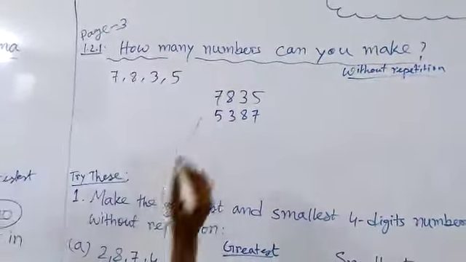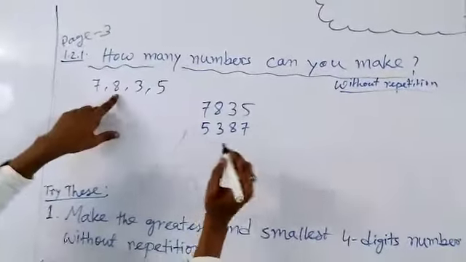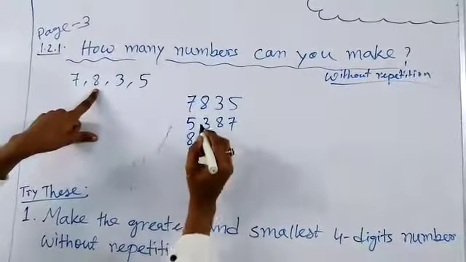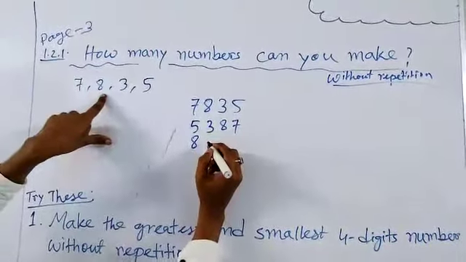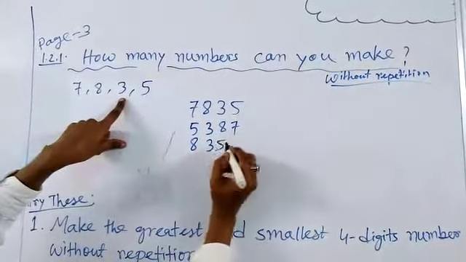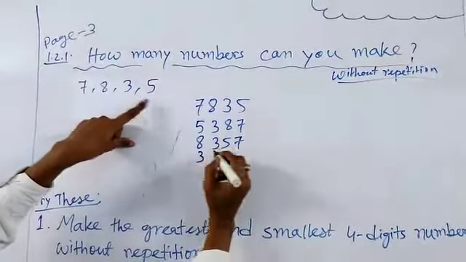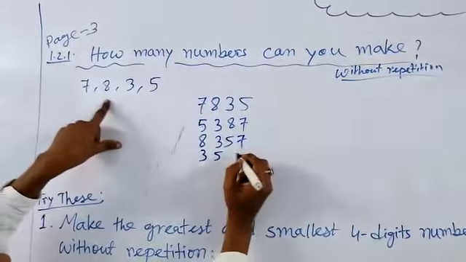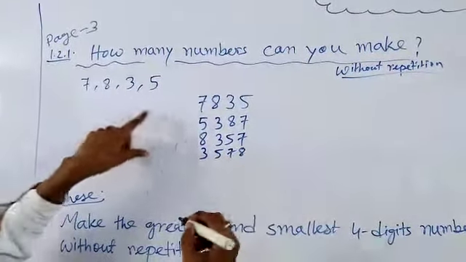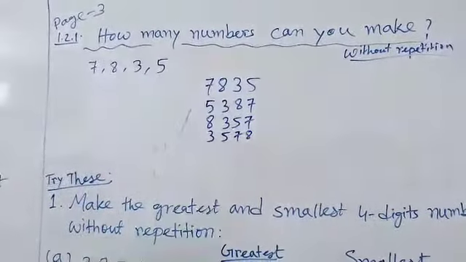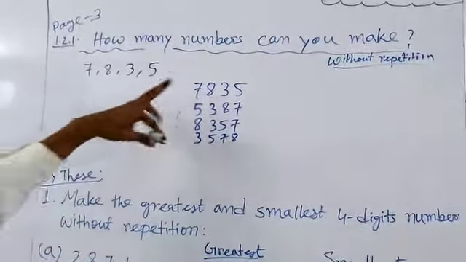Also you can write 8 at first, then 3, then 5, and then 7, and you can write 3, 5, 7, 8. So you can form 4-digit numbers without repetition.